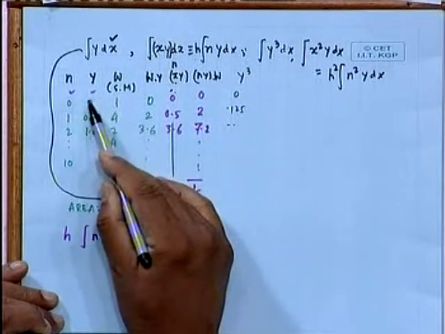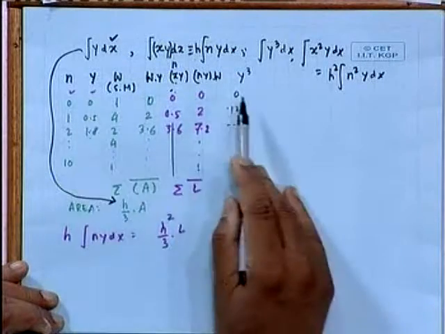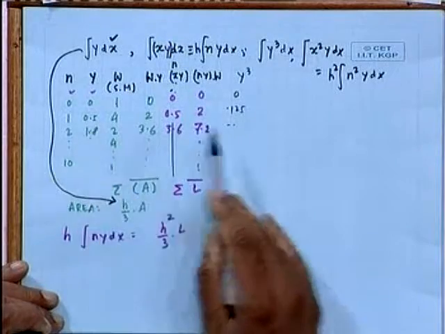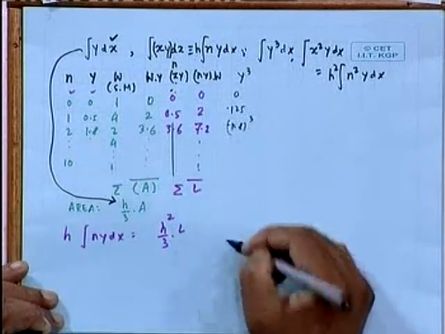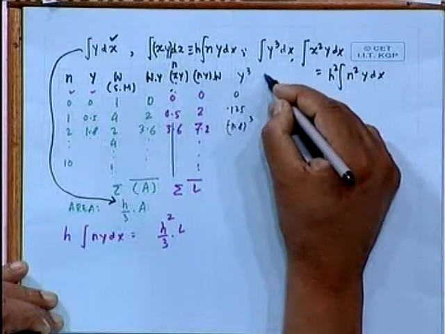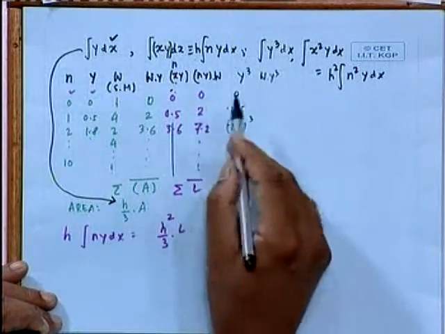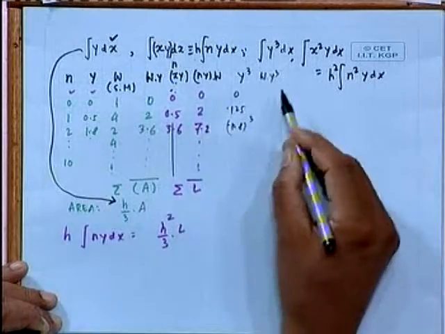Okay, see, you are cubing this. The ordinates are now y is replaced by y cube. So 0 is 0, 0.5 is 0.5 cube, that is 0.125. This will become 1.8 cube, like that. Once more multiply that with this into y cube. This is 0.